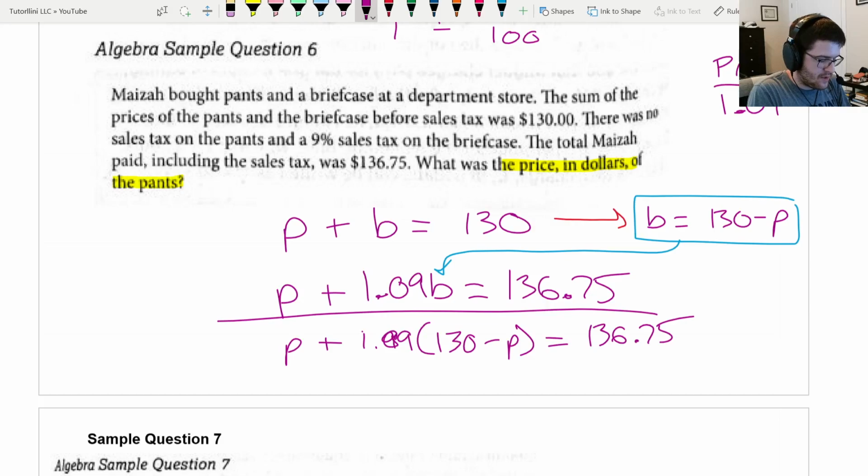That gives us 1 minus 1.09, so that's negative 0.09P. 1.09 times 130 is 141.7.